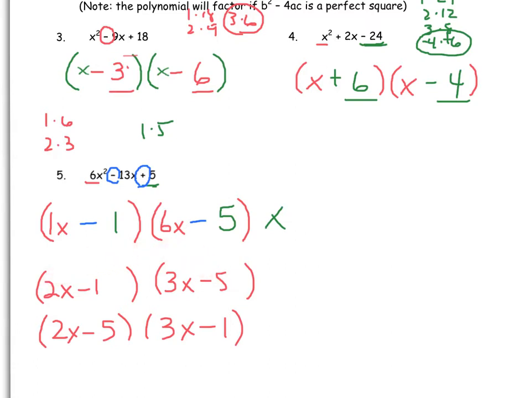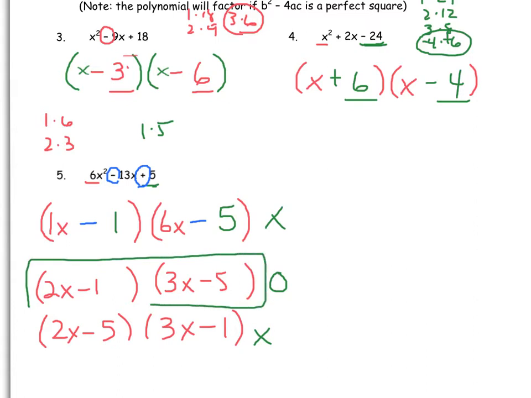Here's a negative 10x and a negative 3x, and that one does give me the correct one. So that's my keeper, and I can double check just to be sure here that I've got the right one. As I check the last one, there's minus 2x and minus 15x would have given me negative 17x, and that one's incorrect. Right? So your correct factoring is here.